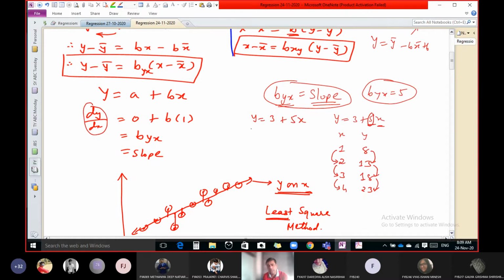Do you know the derivative of this function, 3 plus 5x? What is the derivative of 3? 0, it is a constant. And what is the derivative of 5x? 5. So dy by dx is ultimately 0 plus 5, which means 5.